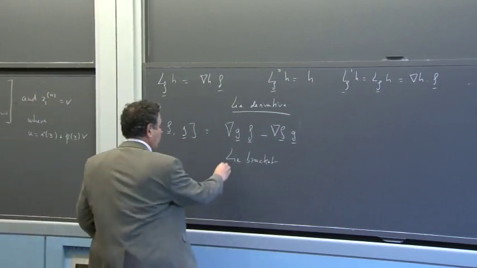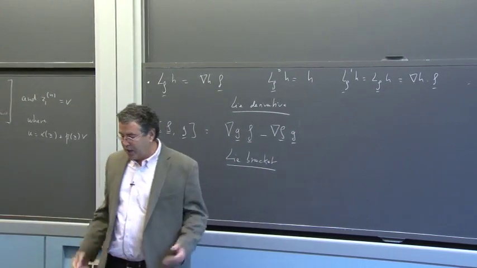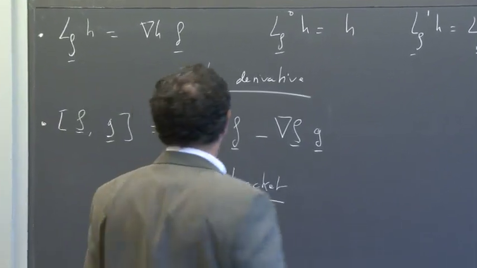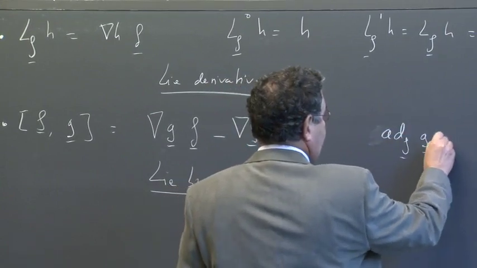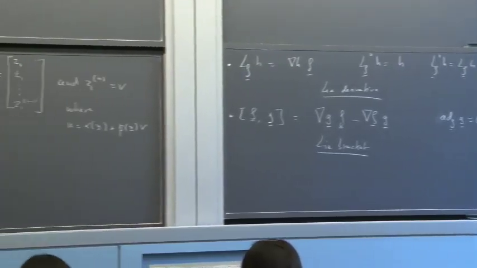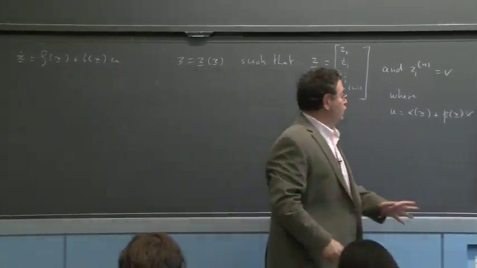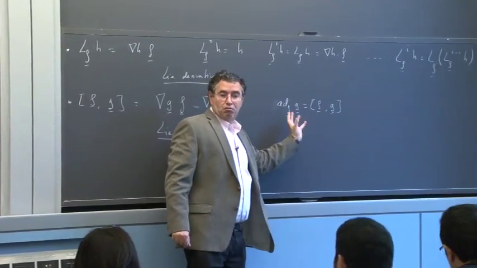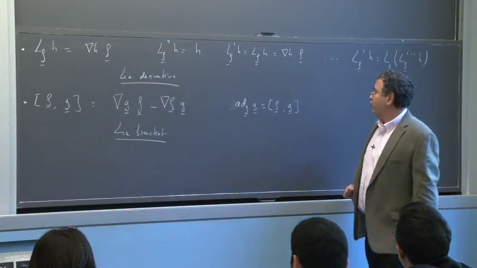And incidentally, since we'll have to play with recursive differentiations, we can extend this idea recursively. This Lie bracket we can denote as ad_f g. If you think of it, f of x and g of x don't play the same role in here. So if we use a notation like this, we make them look different. This is saying f plays this role and g plays a different role here.